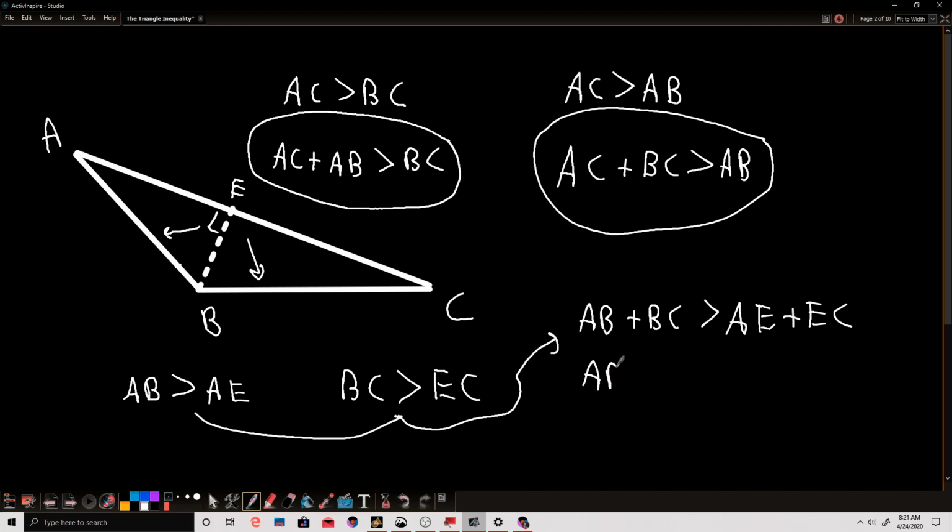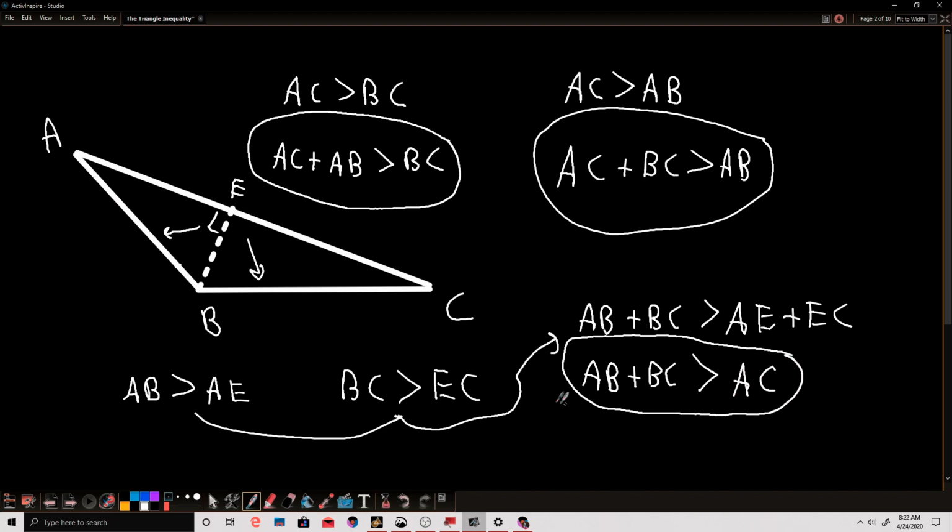So we have that AB plus BC is strictly greater than, well, AE plus EC is AC. And that is the last inequality we need to prove that each side of an obtuse triangle, if we take two sides, it must be strictly greater than the third.